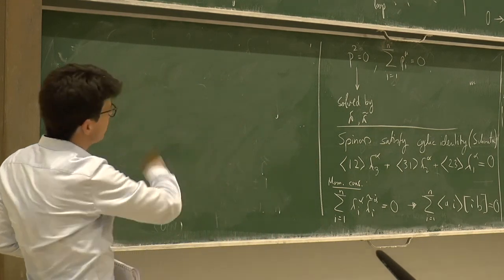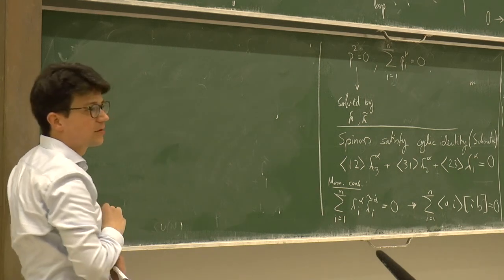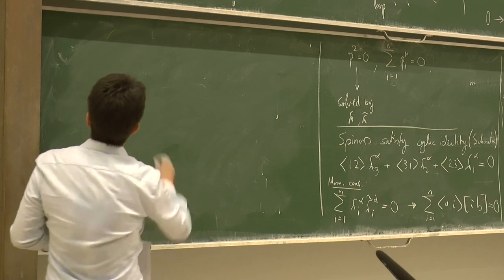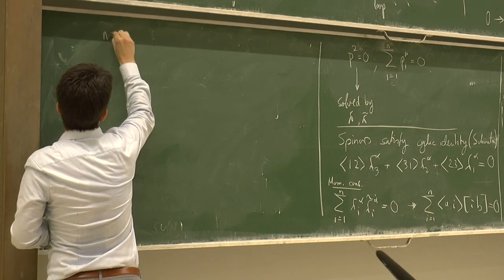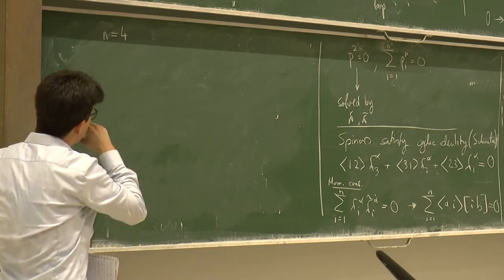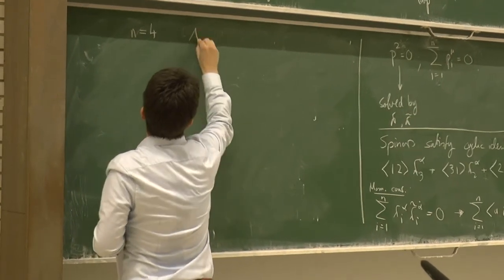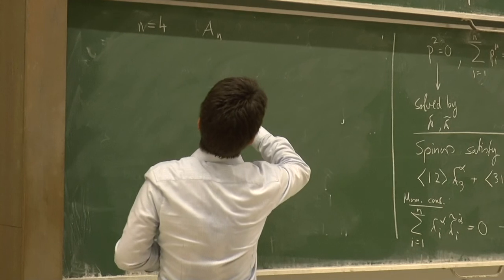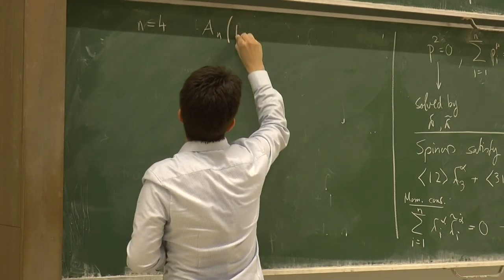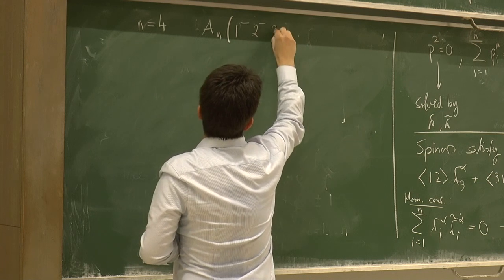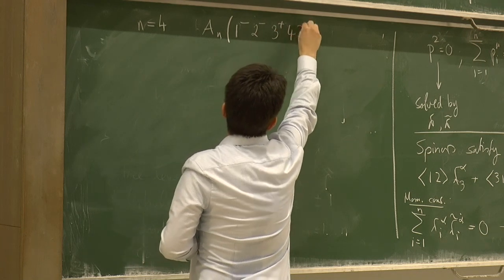I'd like you to use this on some of these amplitudes that I've shown you. Let's take the n equals 4 MHV amplitude, and for simplicity we take the one where we have 1 minus, 2 minus, 3 plus, 4 plus.